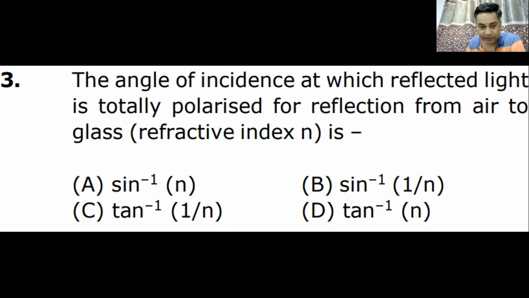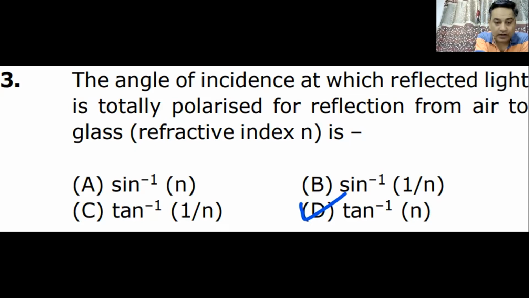This is question number 3 from your sheet. Sir, D. So I will give you that. Remember, tan of the angle of polarization is equal to mu. Do not forget this fact.